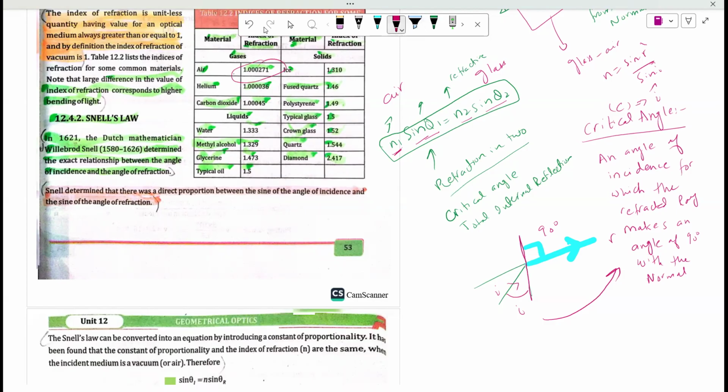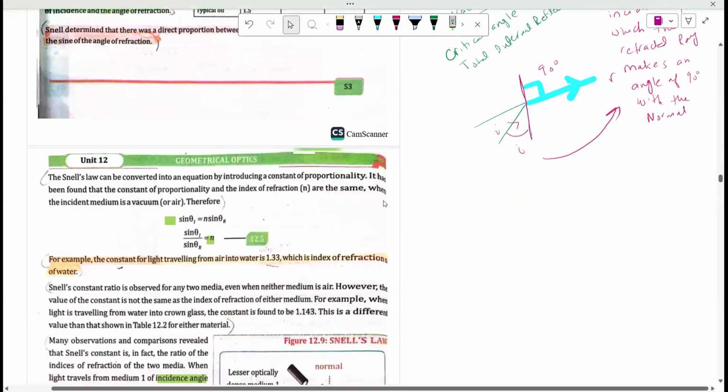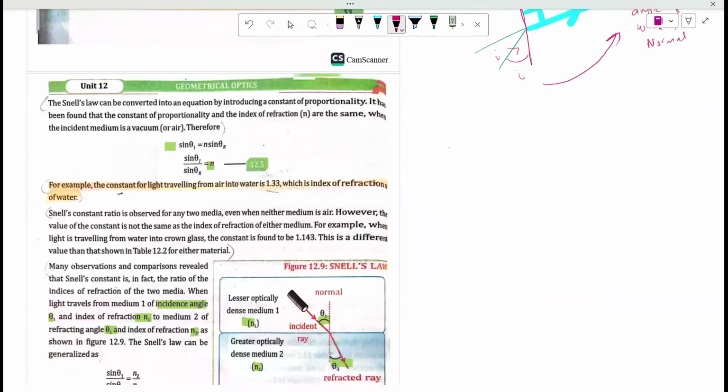Let's start putting the values into this equation. Let me write it down here again. n1 sine theta 1 is equal to n2 sine theta 2. n1 is... sorry, it would be glass, not air, because हमने total internal reflection discuss करना है इसके respect से.